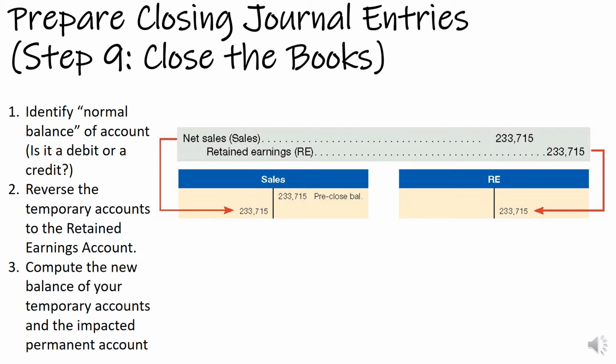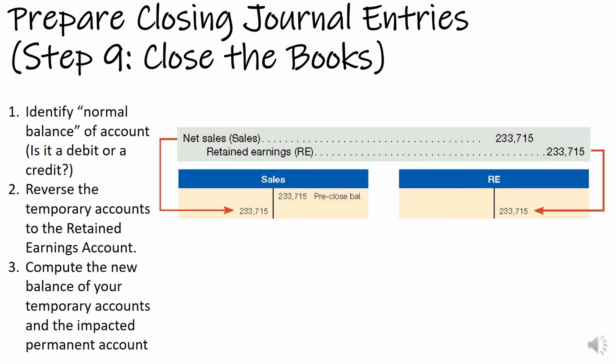That is, to close out your sales account, you record a debit transaction in the amount of the total sales recorded during the preceding period, and you credit retained earnings for that same amount. This is shown in the graphic at right.